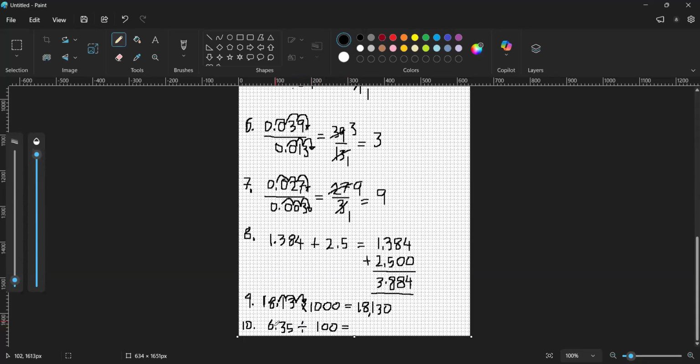But because it is division, the decimal jumps go to the left. So my decimal point goes over 6 one time, and since there's no number after 6, we simply put a 0 there. That leaves me with 0.0635. Did you get that?